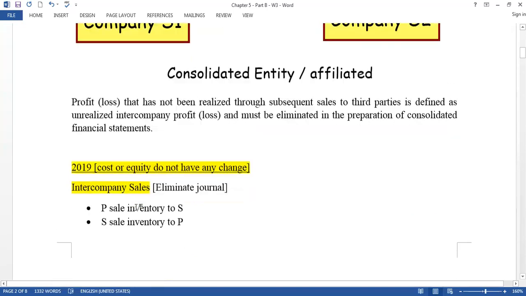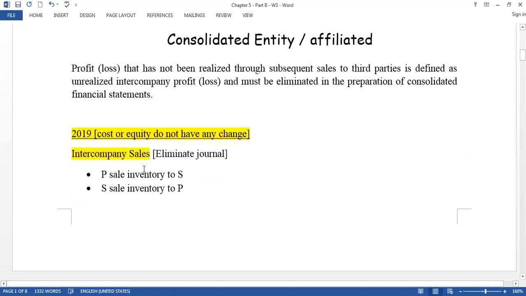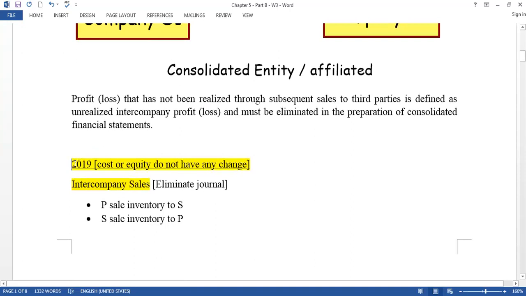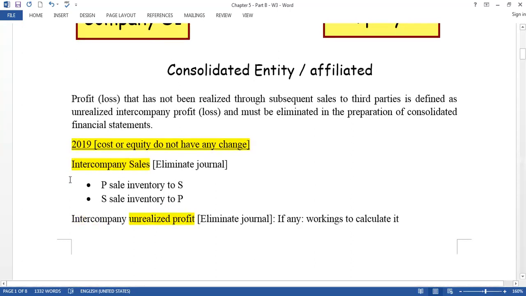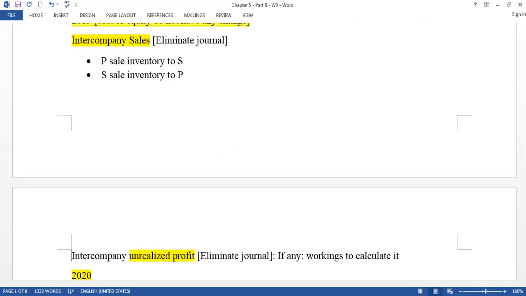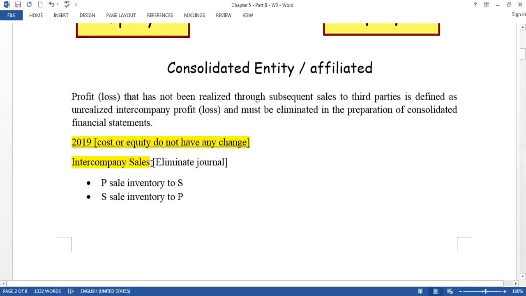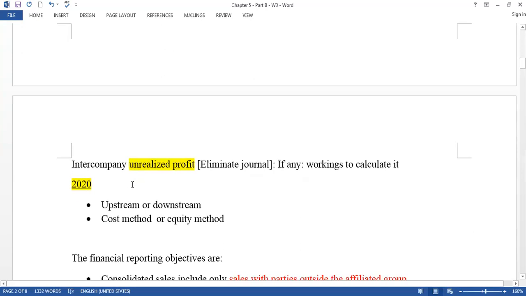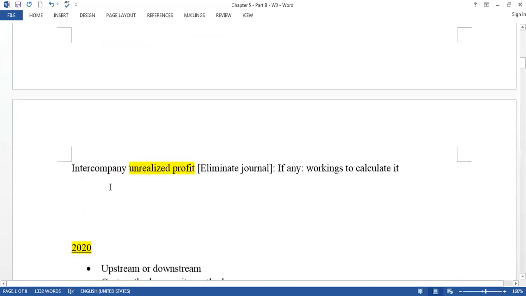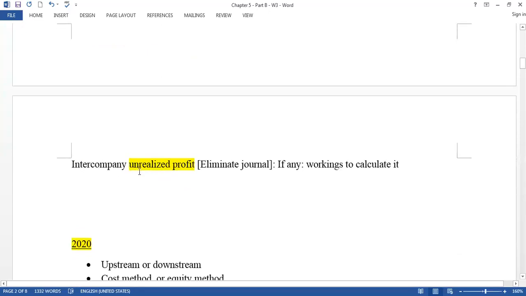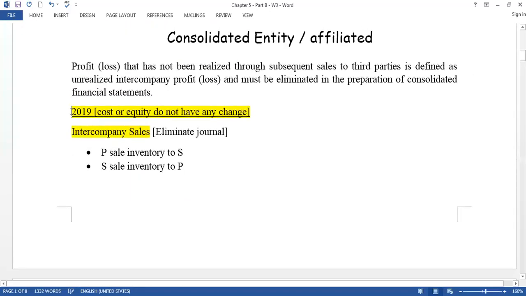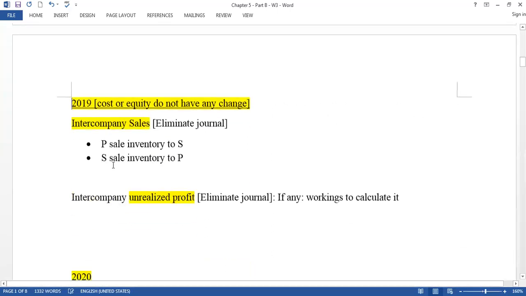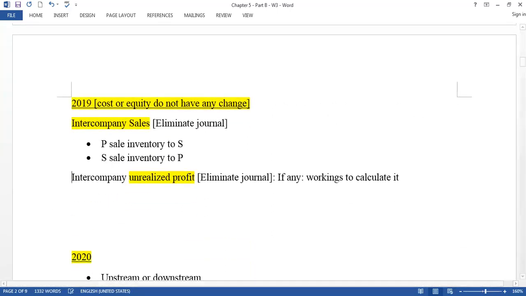Then here I told you that this is 2019. In 2019 we have unrealized profit. Why is it unrealized?